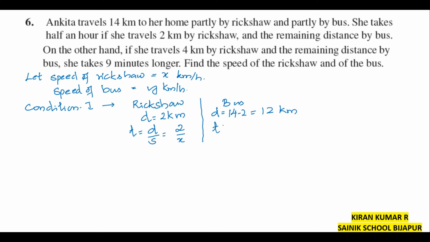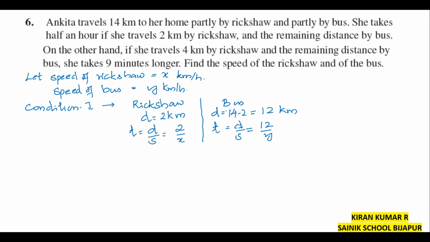So the time taken travelling by bus is the distance upon speed, and we get 12 upon y.